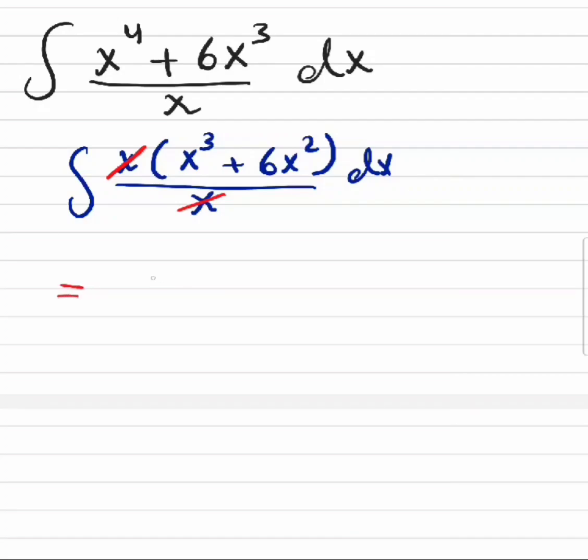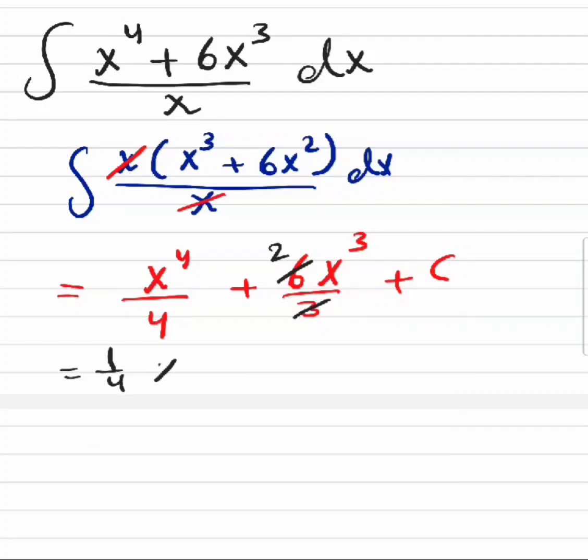So this is going to be x to the 4th divided by 4 plus 6x cubed divided by 3 plus c, which we can write as 1/4 x to the 4th plus 2x cubed plus c.